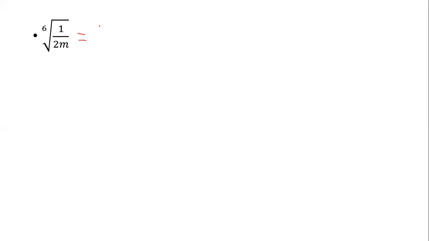So, just to show you how, okay, so we have 1 over 2m. Ayan. So we are going to multiply this one by a fraction which is equivalent to 1.